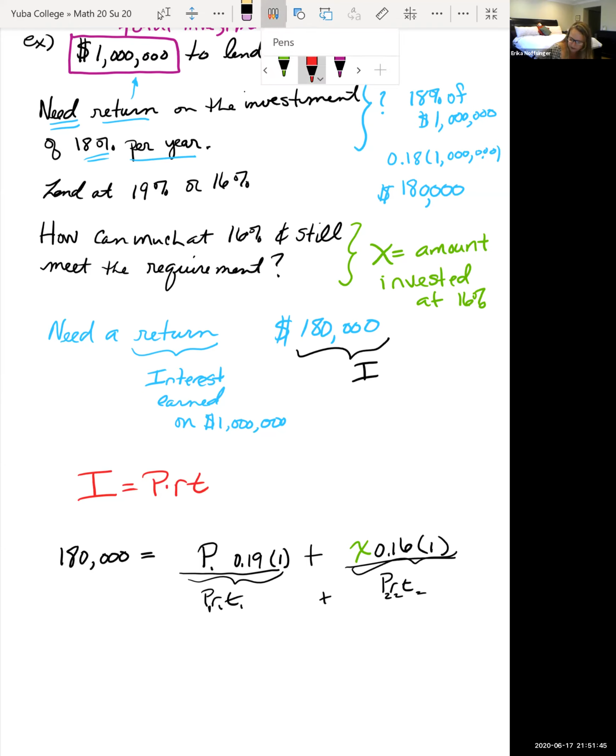Okay, so this piece at 19%, the amount is 1,000,000 minus x. So let me put that right in here.